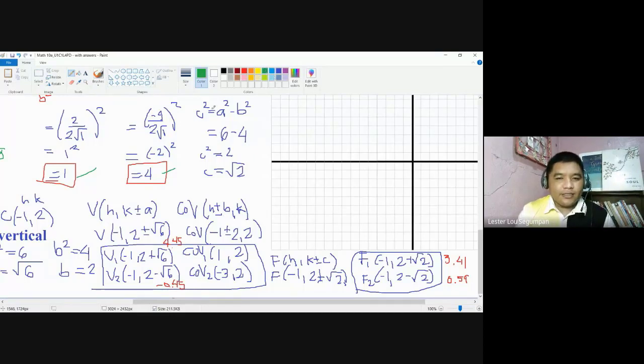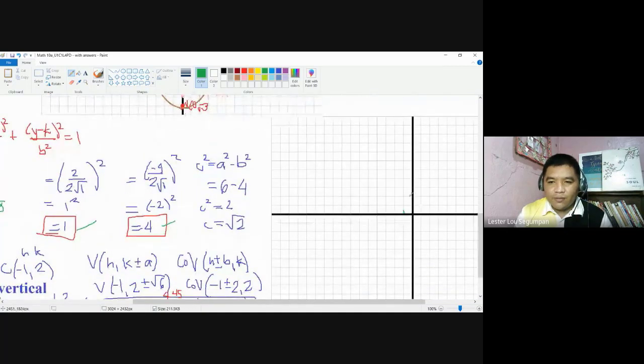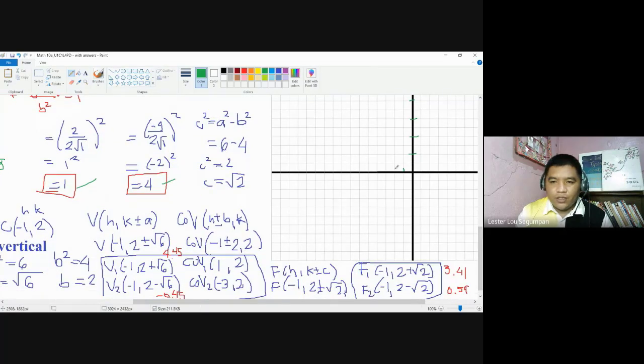Center. Let's start with the center, -1. Since the largest point is 4.45, let's scale by 2 per 1 unit, so that we will have a better form of the graph.